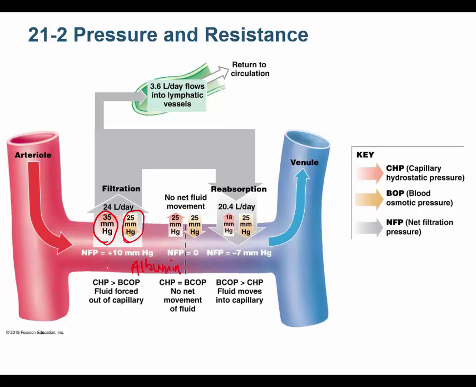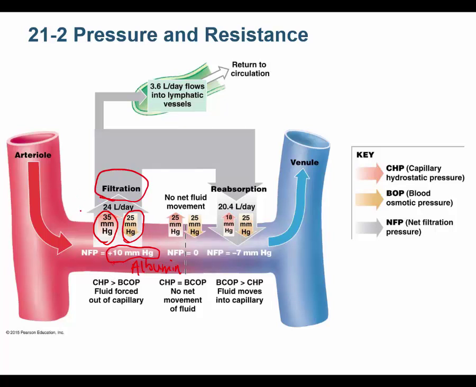Well, 35 is greater than 25, so I'm losing fluid, because it's a positive 10 millimeters of mercury. 35 minus 25 is 10. So overall, I filter fluid out of my capillaries.